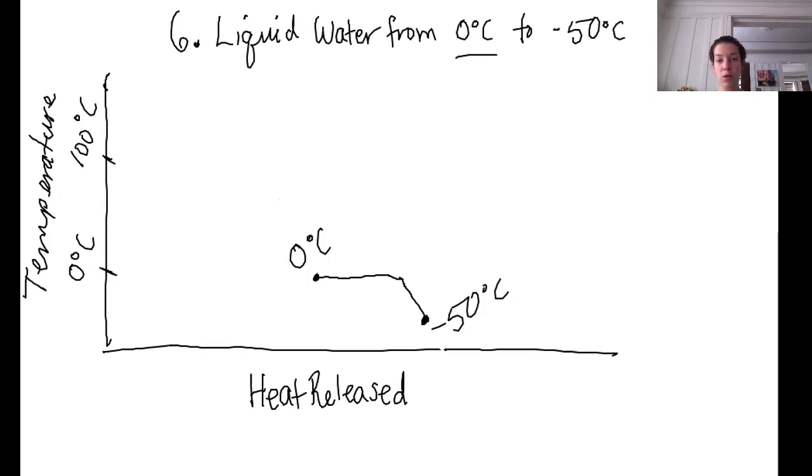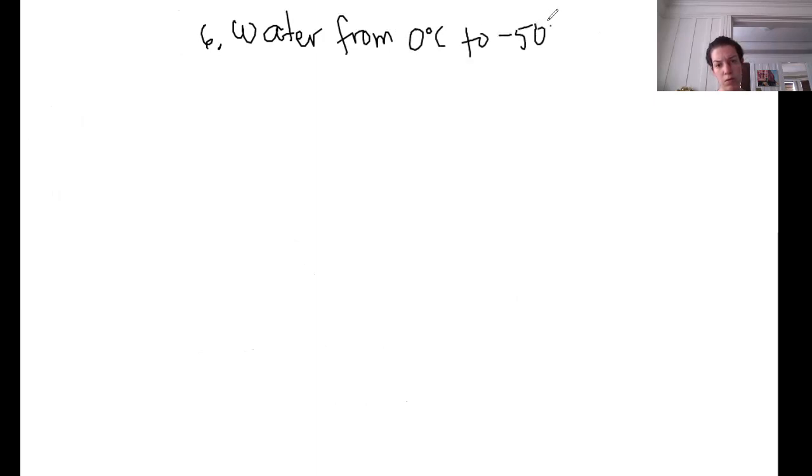So if you want to go the quick way, let's set it up so we do it quickly. This is number 6, water from 0 degrees Celsius to negative 50 Celsius. I'm going to draw my axis again.